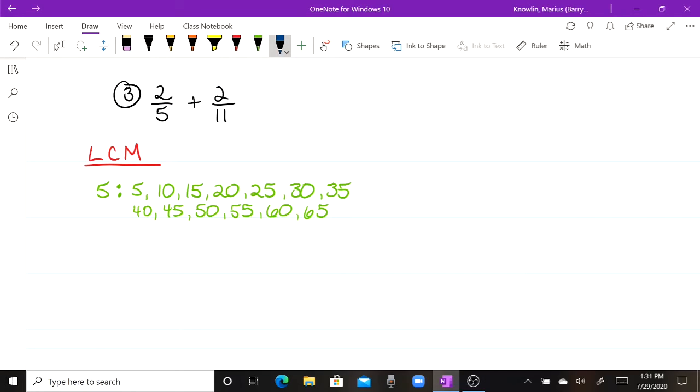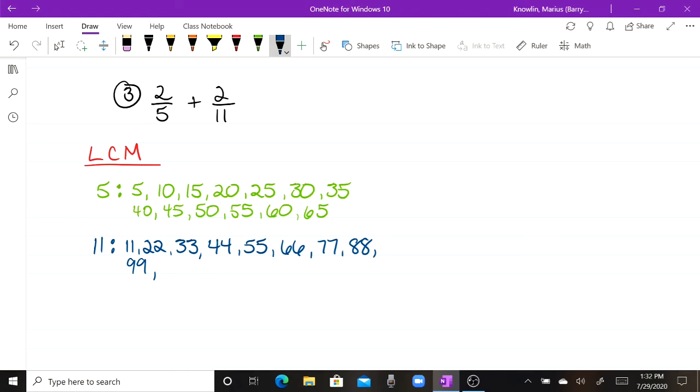Now, let's try the 11s. The 11s are easy, right? If you just count by 11, it's really just 11, 22, 33, 44, 55, 66, 77, 88, 99, and what's the other one?